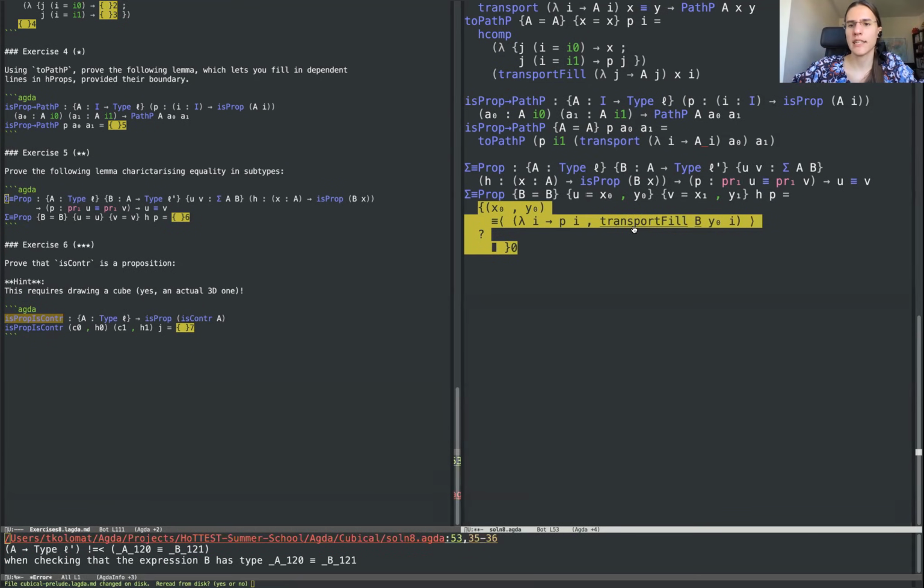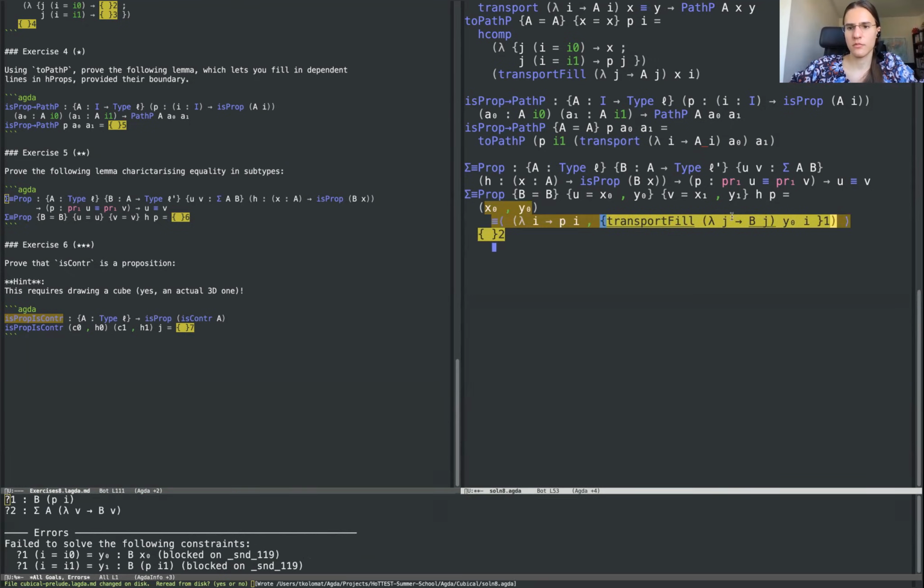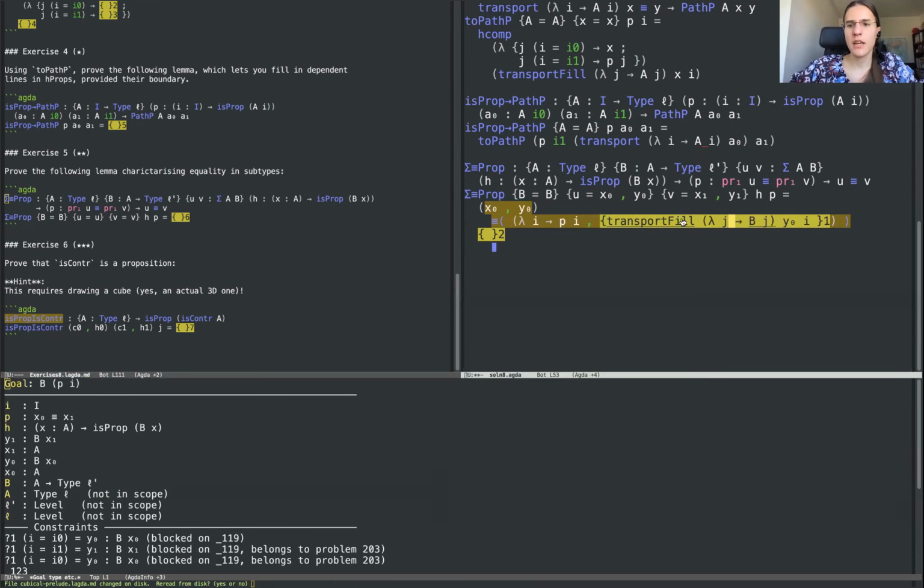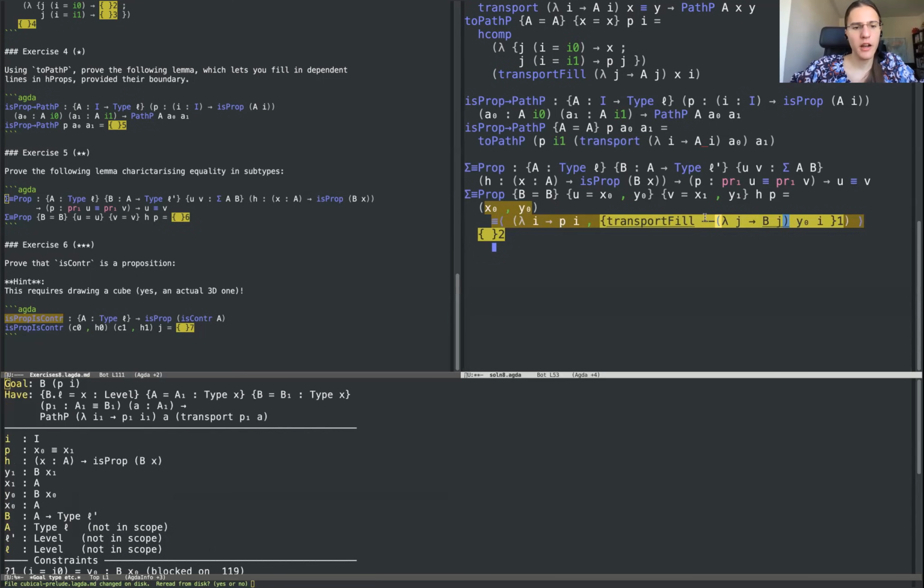Oh, it expects an equality. B of P of I. Okay, let's look at the type of transport fill.